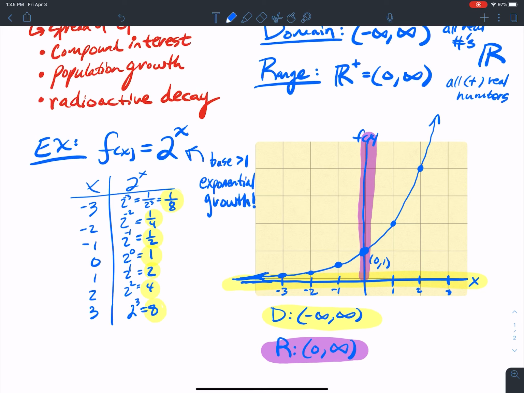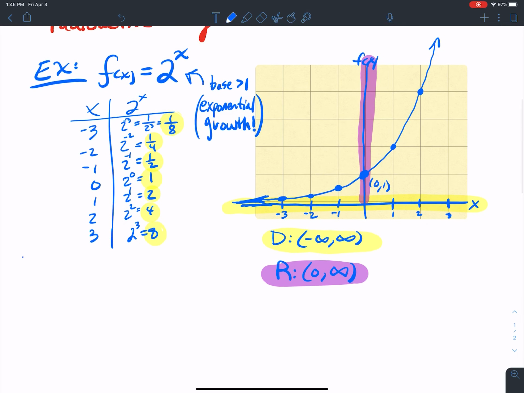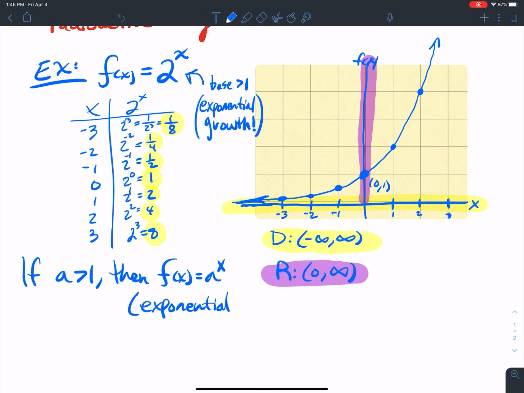So you might be asked, is this an exponential growth function or exponential decay? If the base is greater than 1, it's an exponential growth. So let's state that. If a is greater than 1, then f of x equal to a to the x is exponential growth.